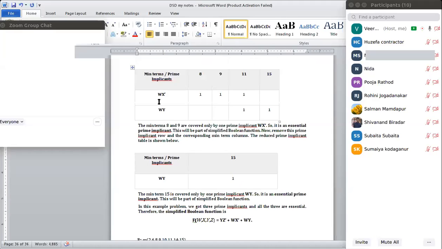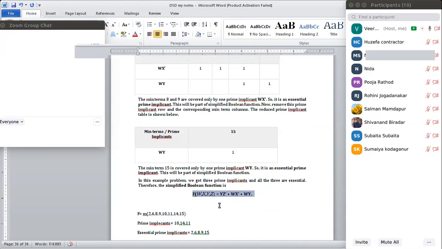Right? This is what we have solved using the Quine-McCluskey method. F of wxyz equals yz bar, wx bar, and wy. Maybe you may feel that the K-map is very easy for this, but this is only 4 variables.